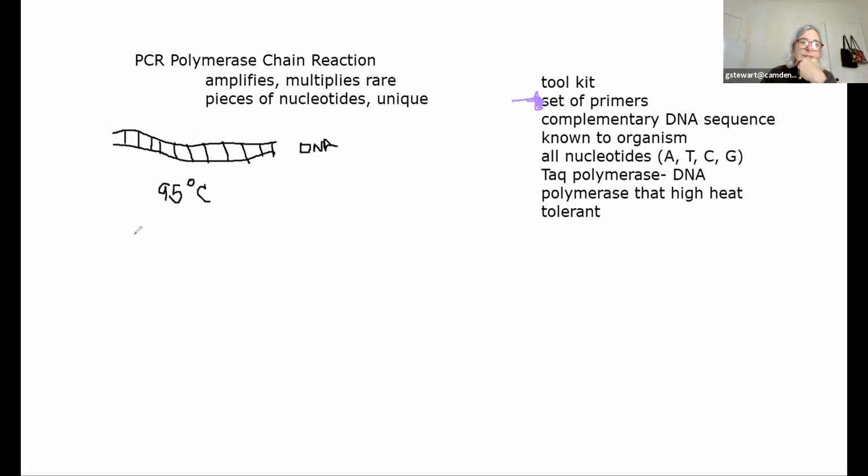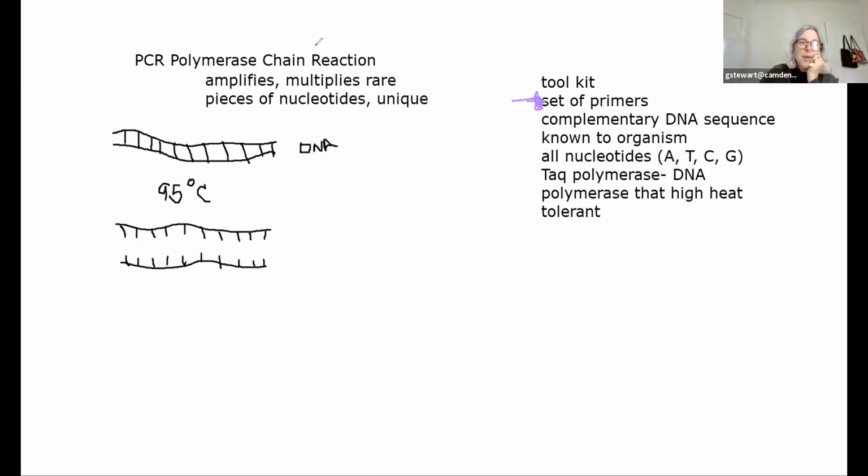And at 95 degrees Celsius, all the hydrogen bonds between the two chains of DNA will release, will dissolve. So we're basically doing replication without all the extra enzymes. We don't need helicase and gyrase if we just heat the DNA up to 95 degrees Celsius. It's a cell-free system.